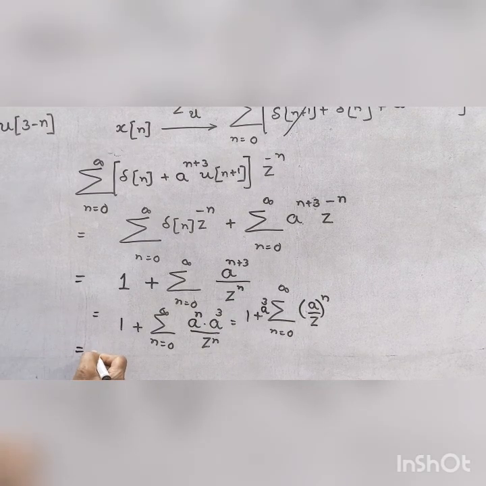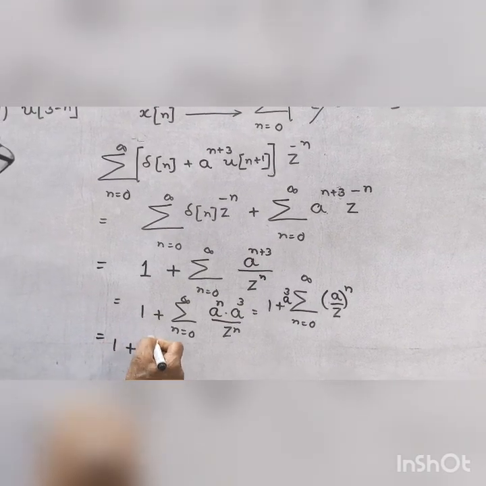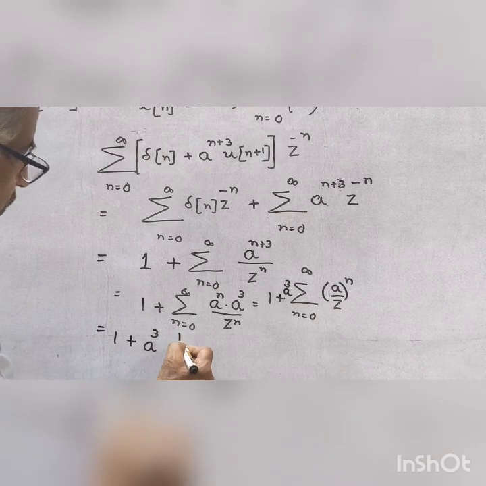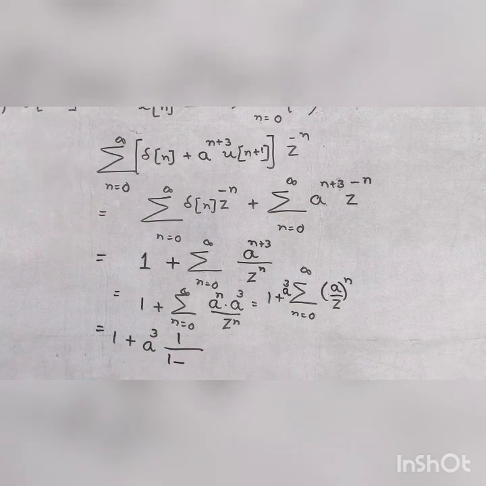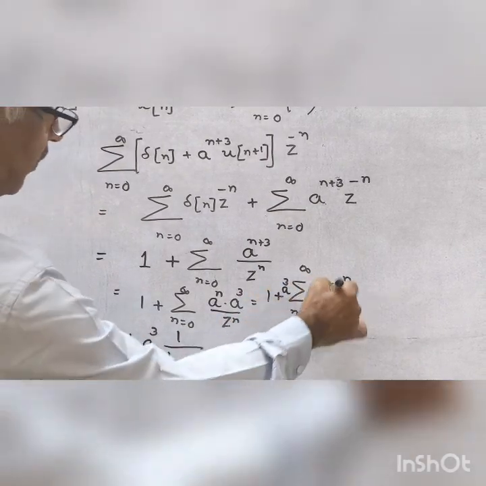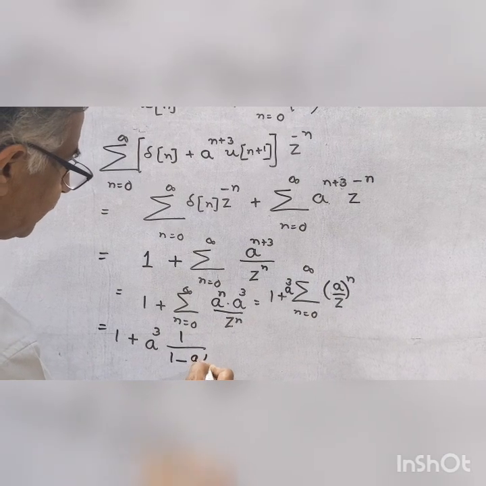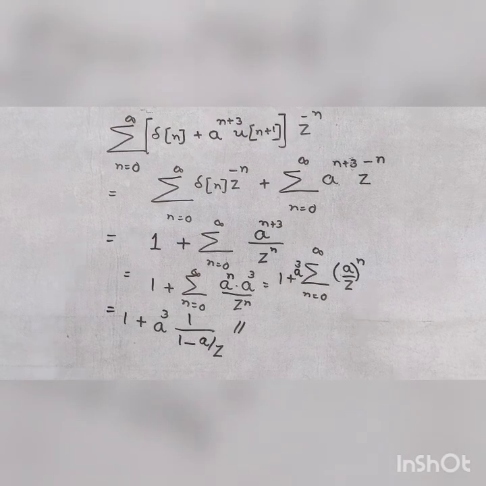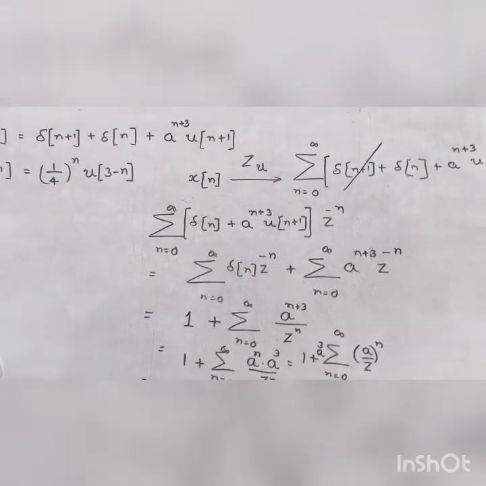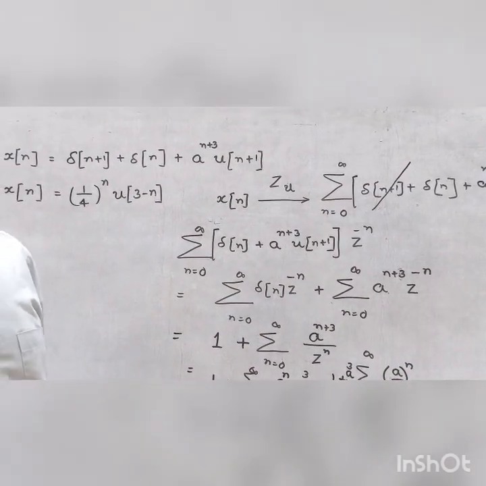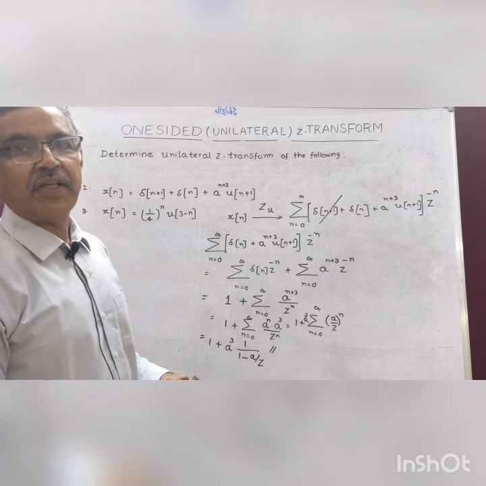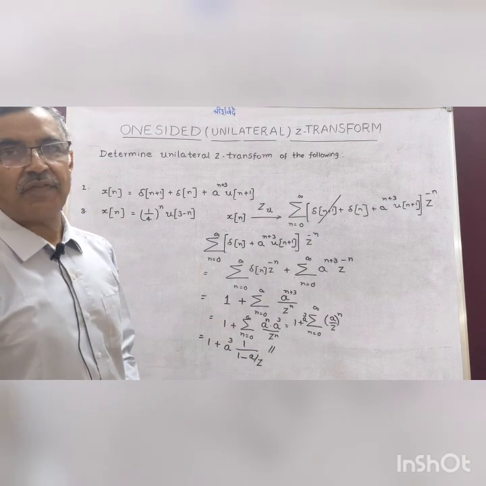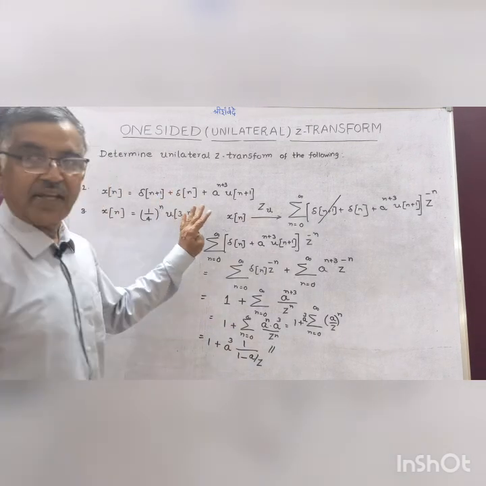Now the z transform is 1 plus a to the power 3 times 1 over 1 minus a by z. Again and again you need not specify the ROC, because for the unilateral Z transform it is always the exterior of the circle. This is the second problem.